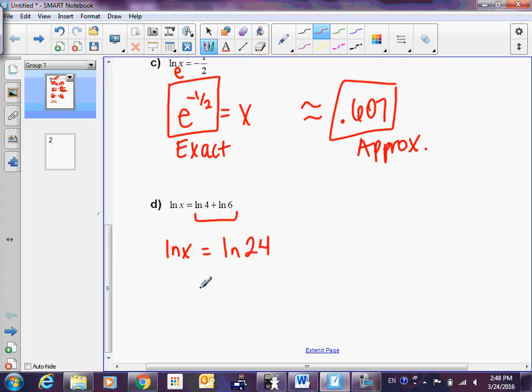Do you need a calculator to do this next part? No, it's just 24. That's all you got. You don't even need to write approximate because 24 is the exact and we don't even need the decimal. So some of these on this calculator part, you really don't even need a calculator to do. You still could, though, do the whole y1, y2, find the intersection. You would get 24. You'd have to zoom out a little bit, though, on that one.